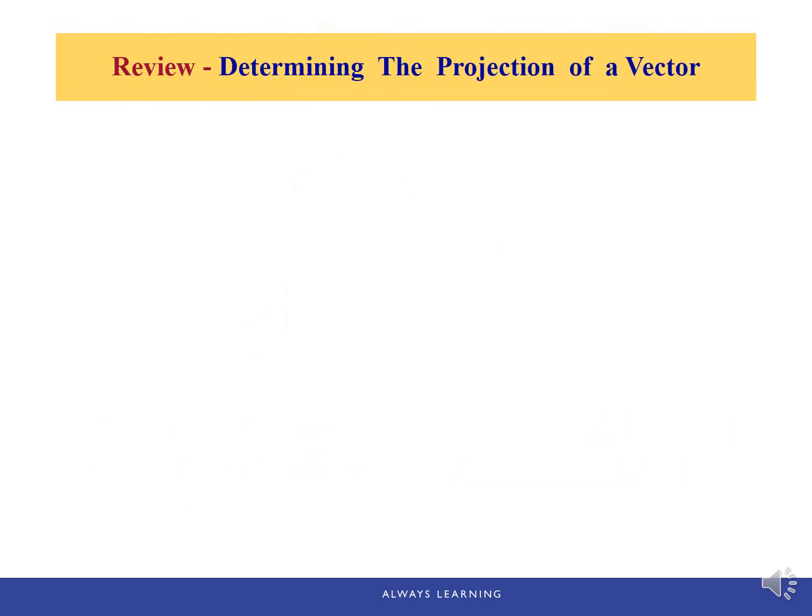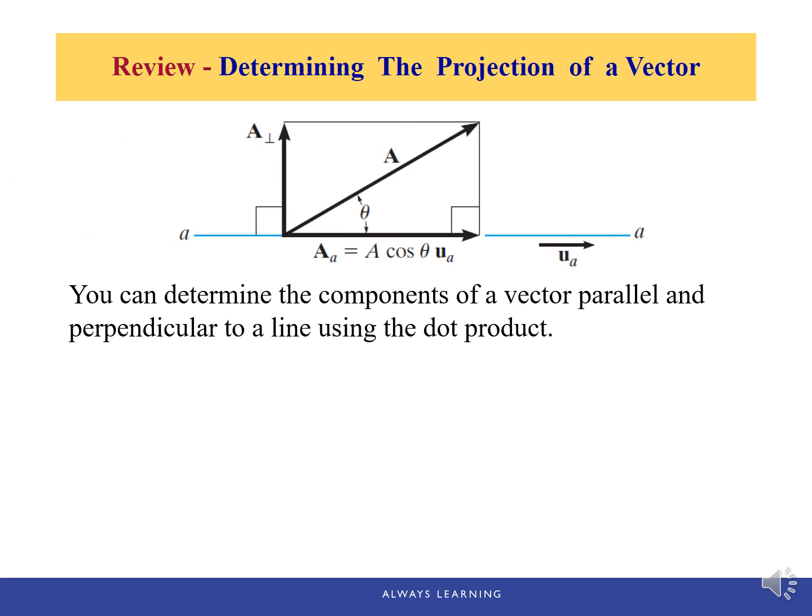To determine the moment about an axis is to determine the projection of the moment onto that given axis. So let's review how to determine the projection of a vector. If we have a vector A and a direction aa, we can determine the components of this vector A parallel and perpendicular to the line using the dot product.